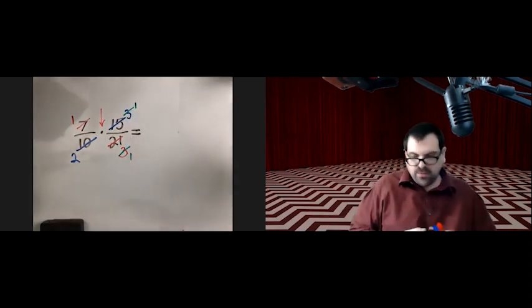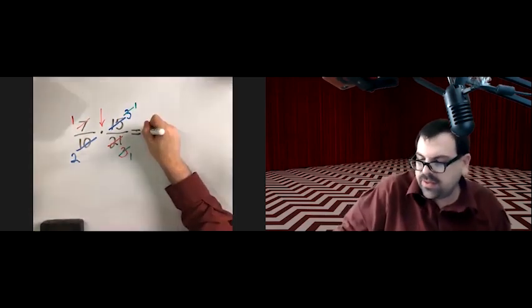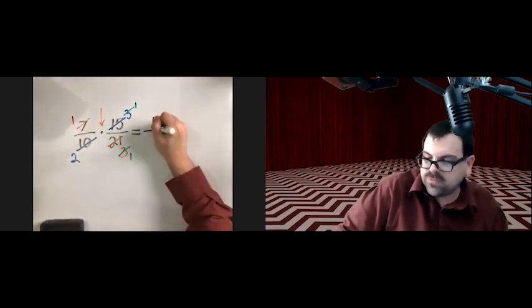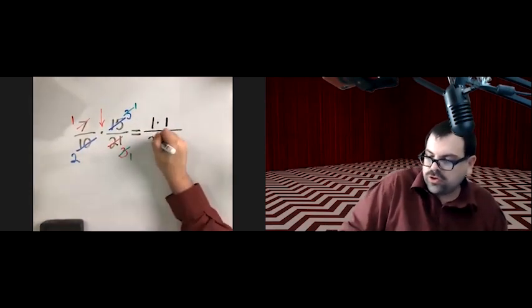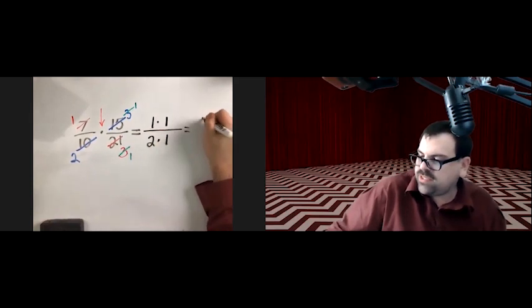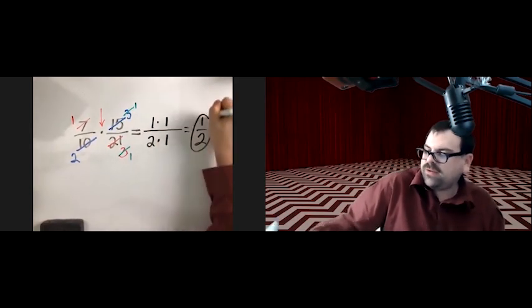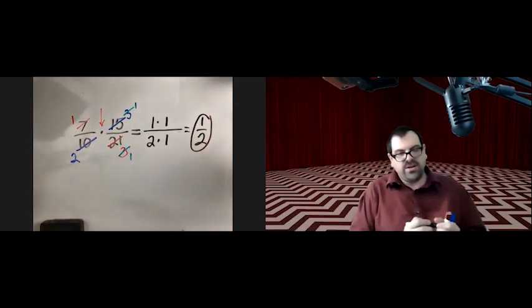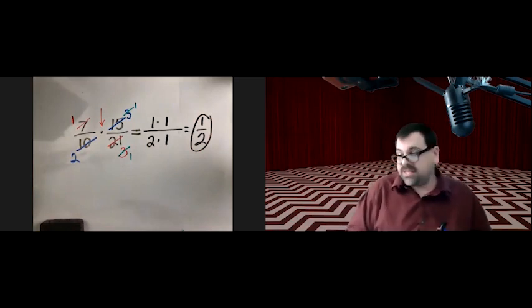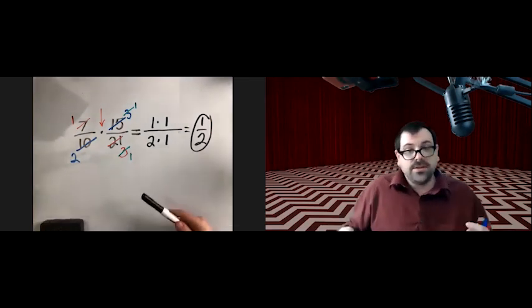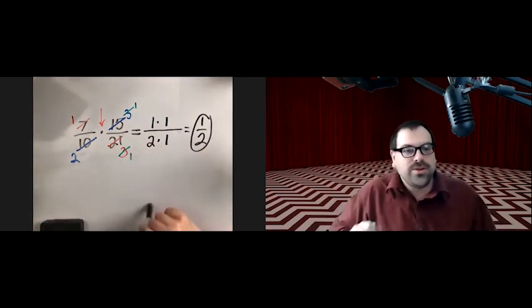We've canceled everything we can, and that leaves us with 1 times 1 over 2 times 1, which is 1/2. Look at that. We never had to deal with 105. We never had to deal with 210. This way is nicer when we're able to do it with just numbers.